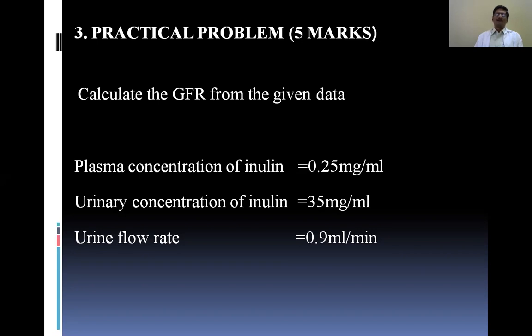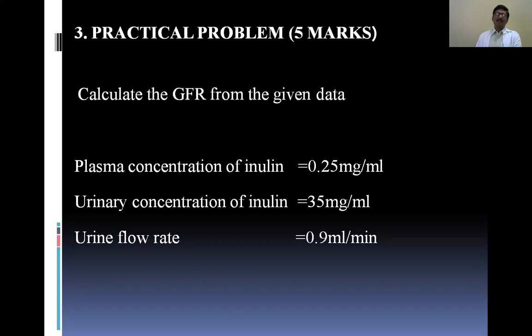One such marker which can be given exogenously is inulin. It is not insulin, it is inulin. Inulin is a low molecular weight carbohydrate or polysaccharide. It is normally extracted from certain plant roots.